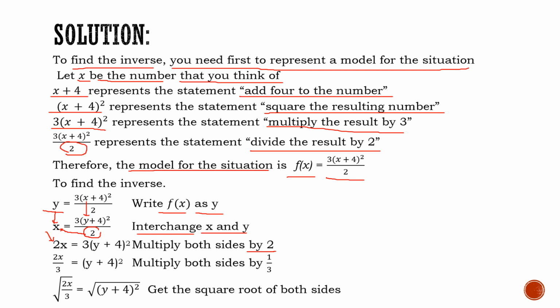After this, since we are asked to find the value of y in terms of x, we need to remove or cancel all the exponents and constants attached to the variable y. That's why we first multiply the entire equation by 1/3 to cancel the numerical coefficient on the right side, which is 3.